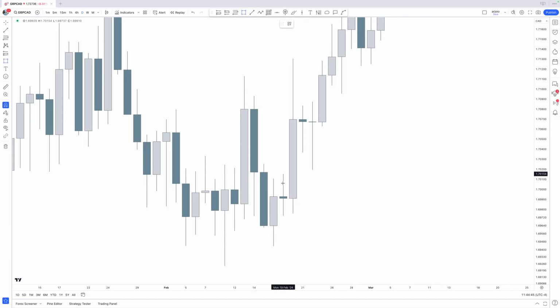Now, if we take a look at this one right here and we take a look at this leg higher, we see this fair value gap. We have a fair value area, an order block a little bit lower, but that fair value gap is not the first line of defense because we have a fair value area actually sitting right there. Again, we need to understand, a fair value area is only valid if we actually have a fair value gap.